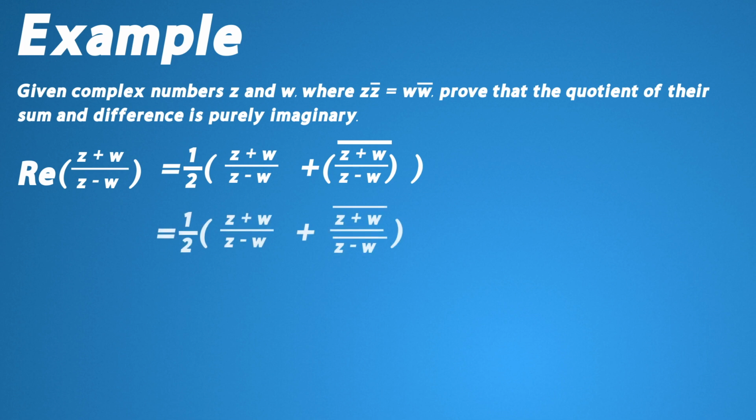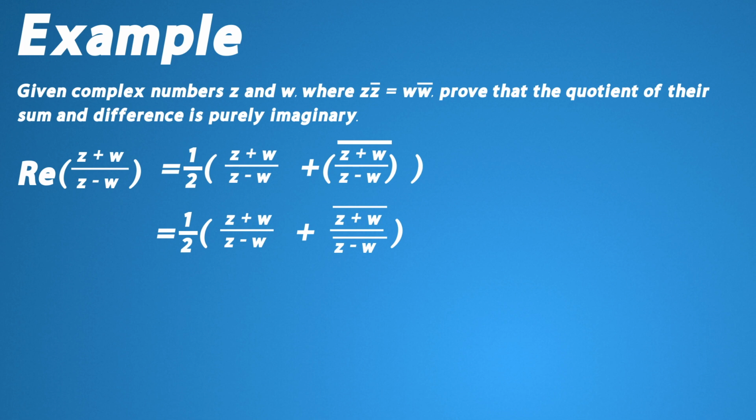Instead of the conjugate of a fraction, it's the fraction of the conjugates. So the real part of z plus w over z minus w we can now simplify a little bit to be 1/2 of z plus w over z minus w plus z plus w bar over z minus w bar. So we've broken that conjugate fraction into a fraction of conjugates.